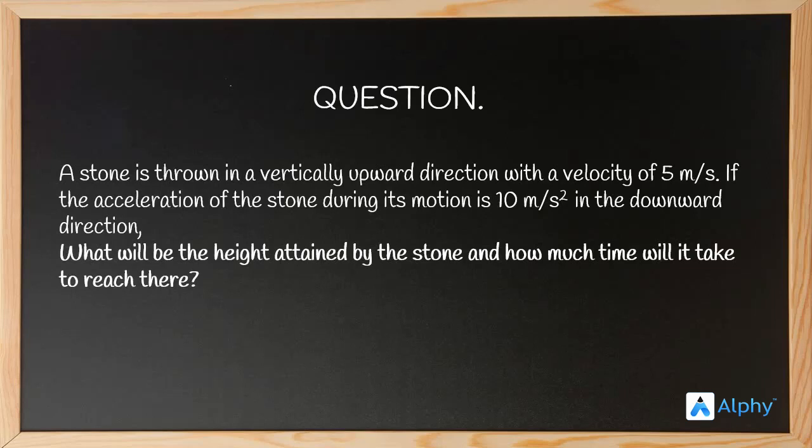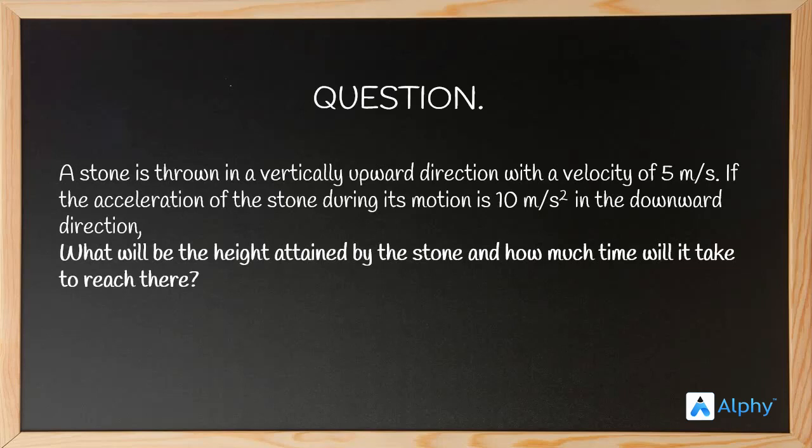I'm saying that at some point, the stone or the ball or whatever you threw up is going to come down. So at the point where it stops at some height, the velocity is 0, correct, on top. Hence, I will take the final velocity in this case as 0.